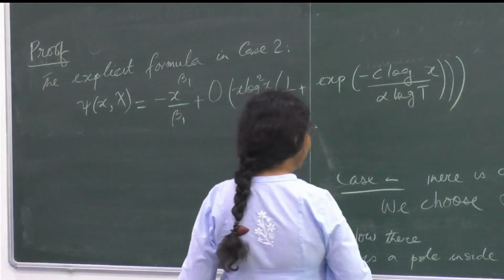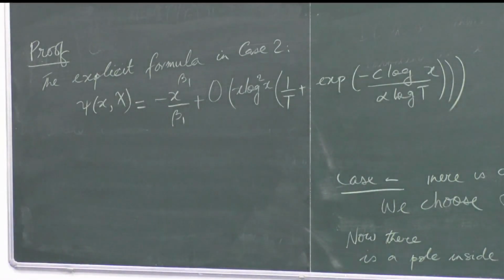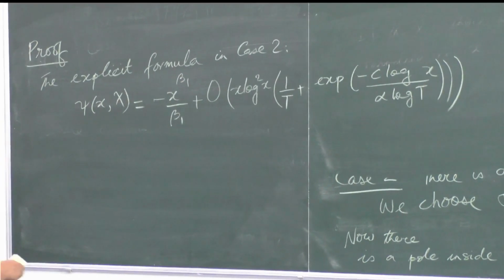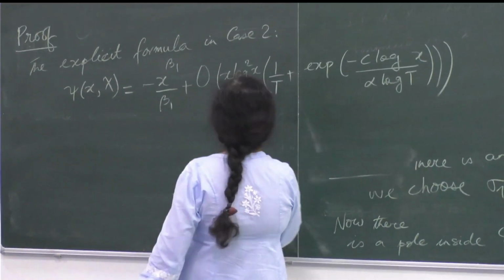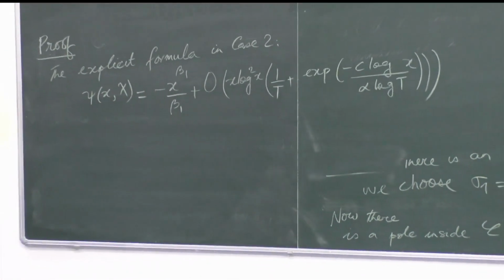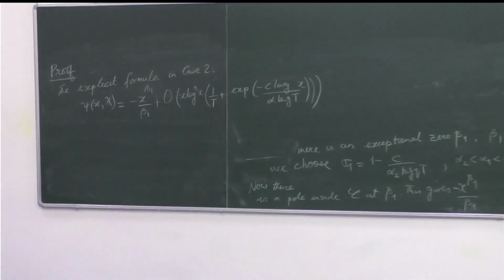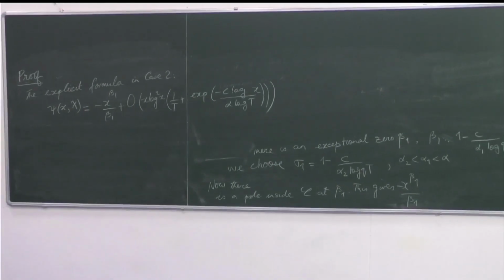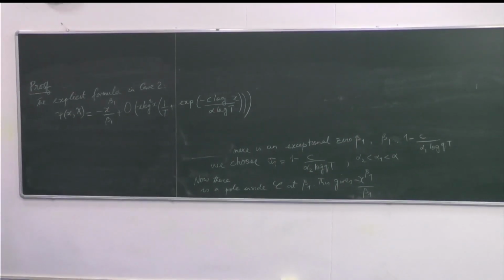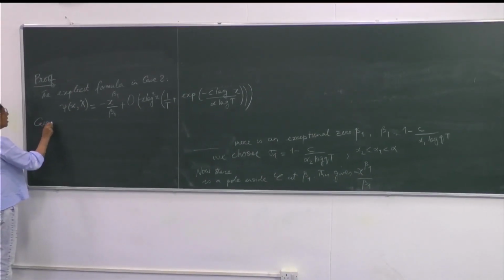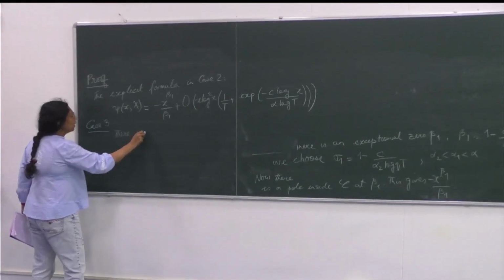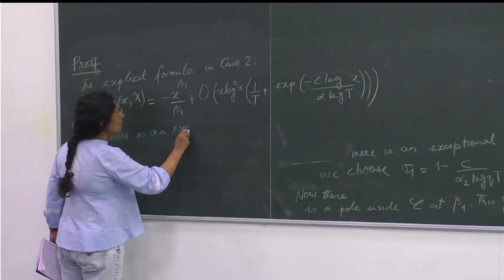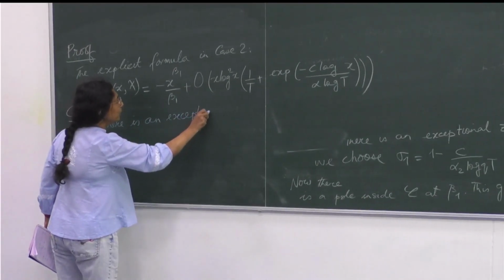So case 3 is that there is still an exceptional zero, but the distance is the complement.